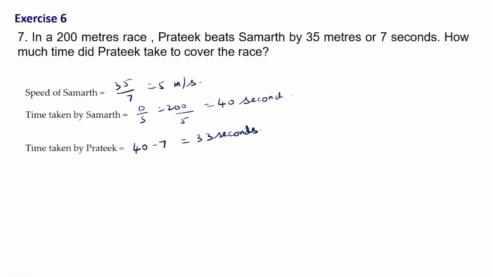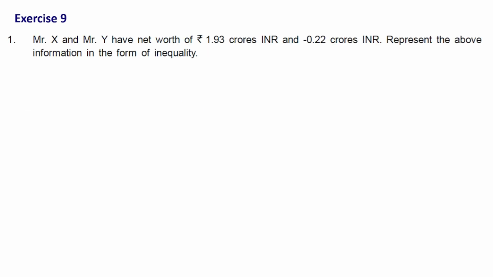So these are the various questions on races and games from exercise 6. Let us move on to the next exercise, which is the exercise on numerical inequalities. The first question. Mr. X and Mr. Y have net worth of 1.93 crores of Indian rupees and negative 0.22 crores of Indian rupees.